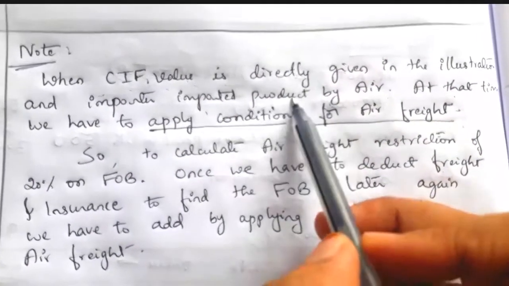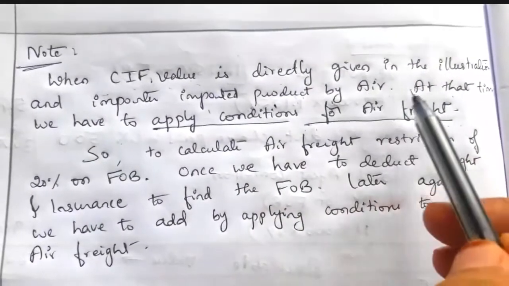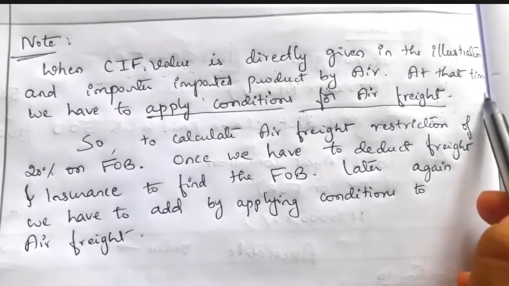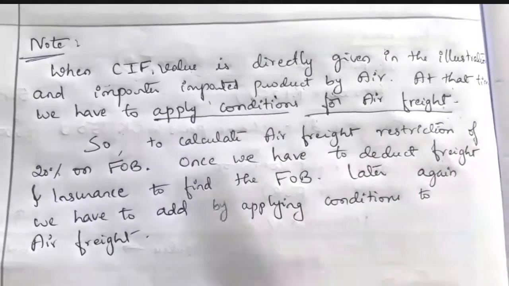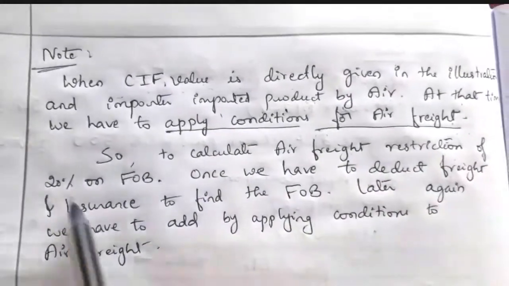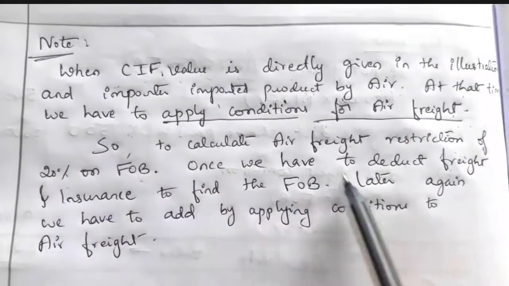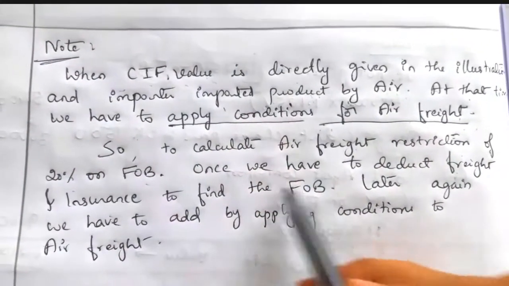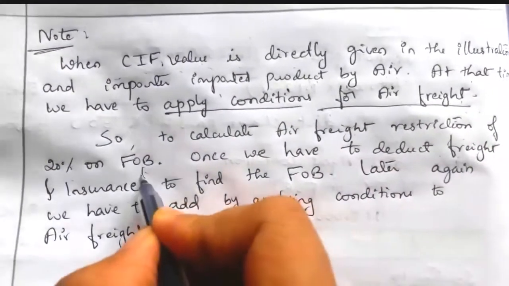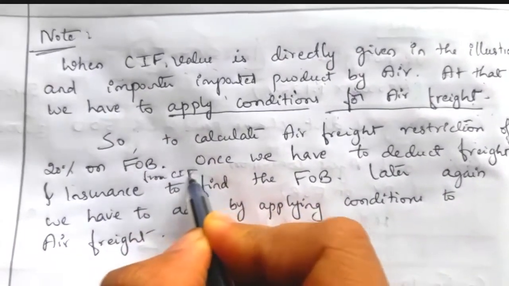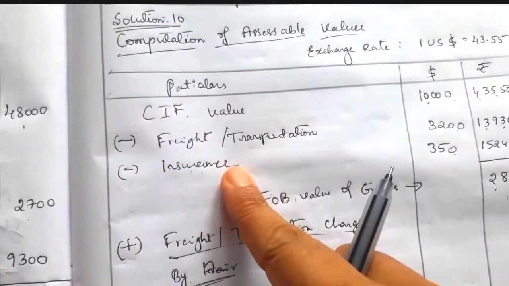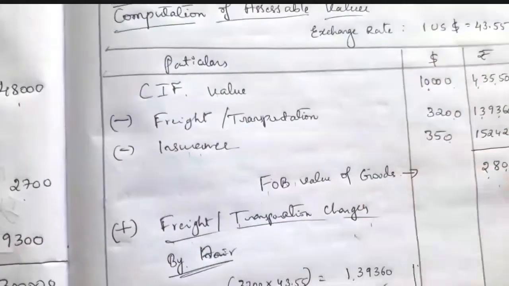So when import is by air, then we have to apply the condition for air freight, that is actual or 20% on FOB. To calculate this air freight restriction of 20% on FOB, first we have to deduct the freight and insurance from the CIF value to find the actual FOB.